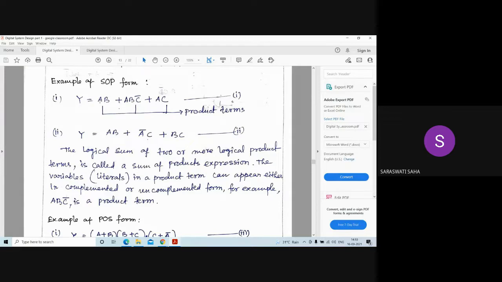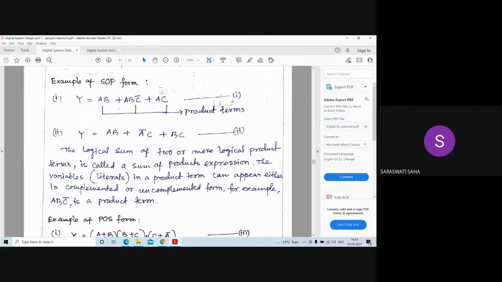Here A dot B is also a product term. And these three terms are in logical OR form between them. So the output is the summation of these three product terms. So in this type of representation, we call it sum of product form.